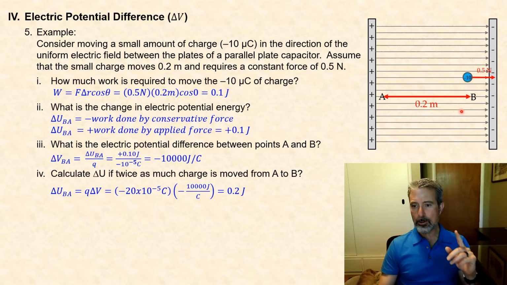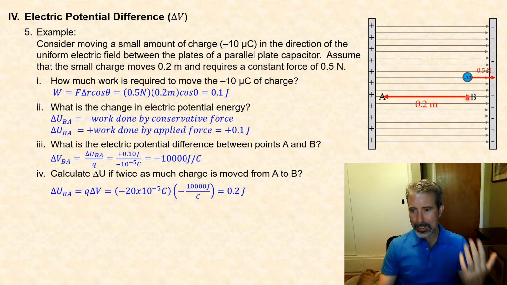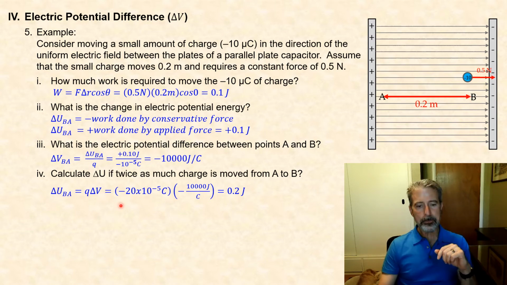The electric potential difference between any 2 points, for a source charge distribution, in this case a parallel plate capacitor, is going to be a constant. It makes no difference what kind of charge you move in between there. Remember, it is a charge independent quantity. So once you know the electric potential difference between those 2 points, it will always have that same value.